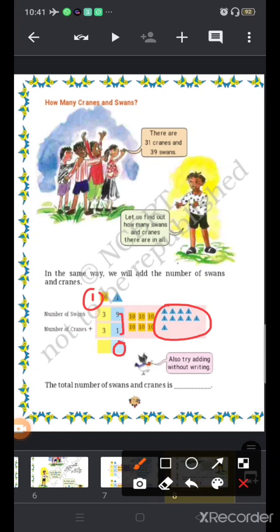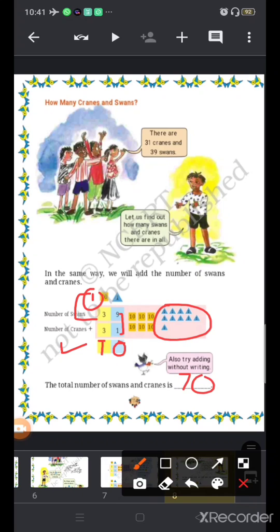Now we'll add carry and this 3. 3 plus 1 is equal to 4, and 4 plus 3 is equal to 7. So the total number of swans and cranes is 70. We'll write 70 here.